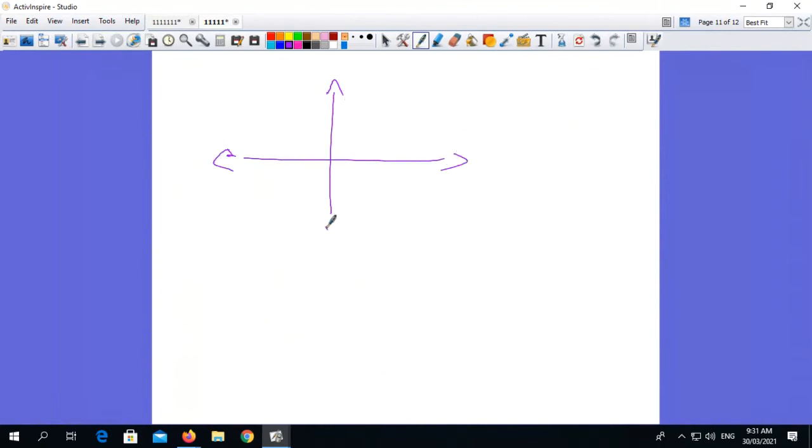Here are the first quadrant, second quadrant, third quadrant, fourth quadrant. Here x is positive. On this line, x is positive. On this line, y is positive. Here, x is negative. Here, y is negative.